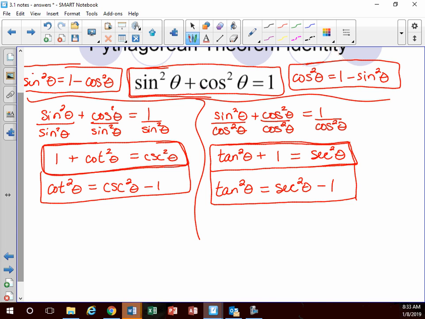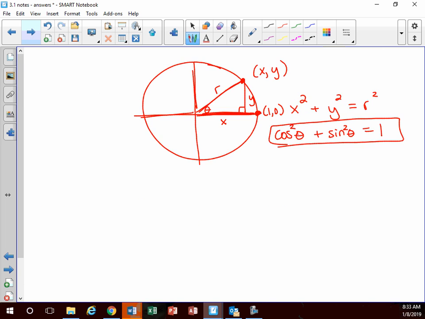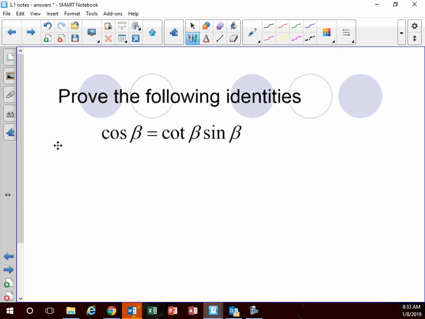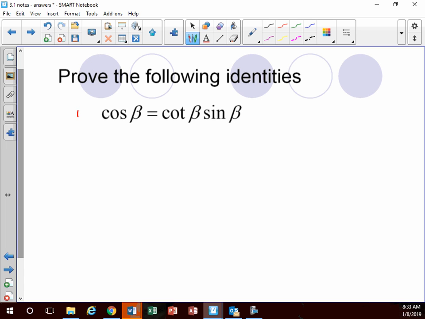Questions so far? I know we haven't really done much yet, but a few people are still writing. Okay, so all right, we're going to just start some proofs now. So go ahead, write it down. If you don't want to use a beta, if you'd rather use a theta, that's fine.